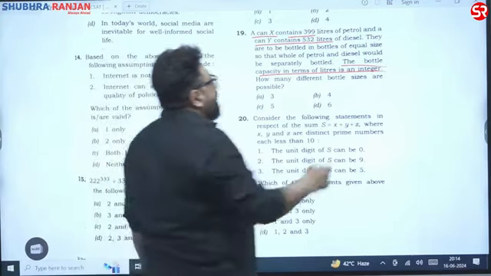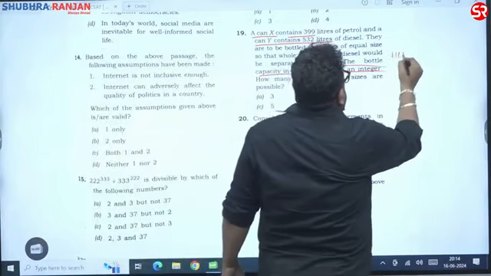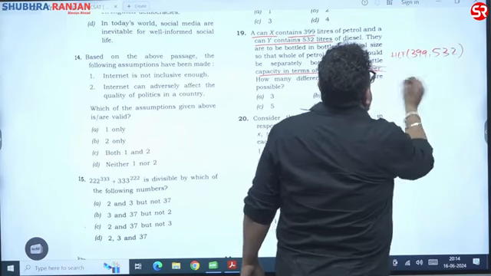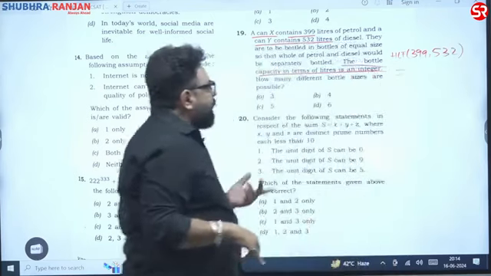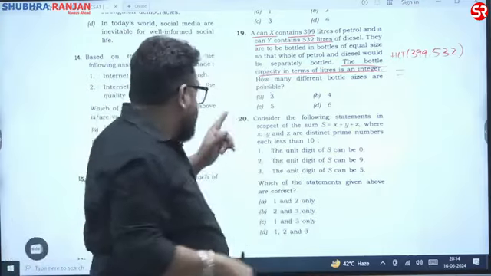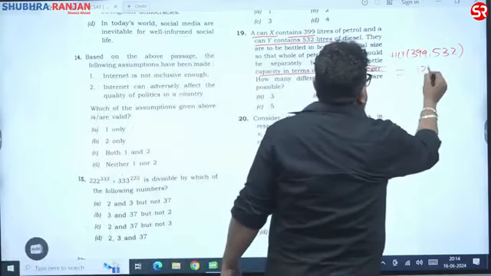So for different bottle sizes, the HCF of 399 and 532 is coming out to be, just wait a minute, 133.